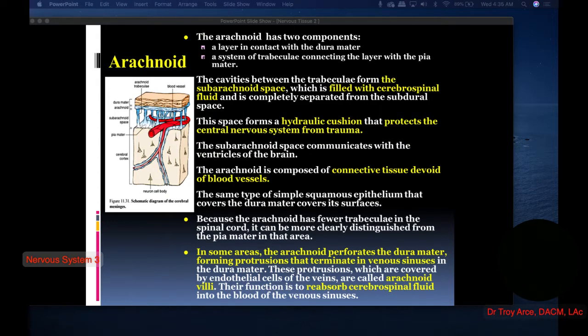So it's an escape route for this fluid, the cerebrospinal fluid, and it needs somewhere to go, right? And so these protrusions, again, are covered by endothelial cells of the veins and are called arachnoid villi. And again, their function is to reabsorb the cerebrospinal fluid.